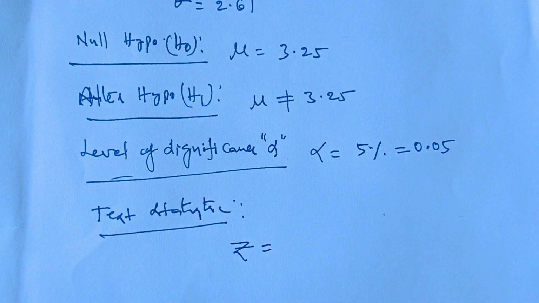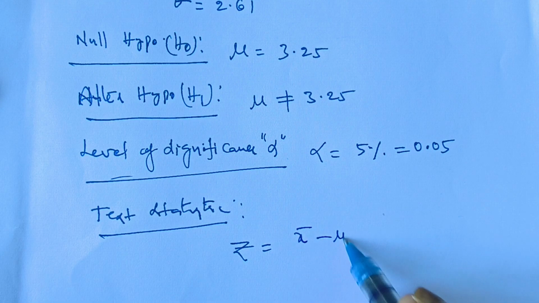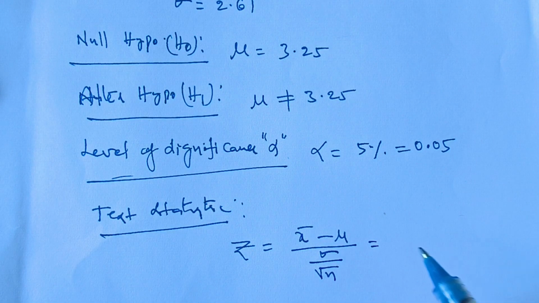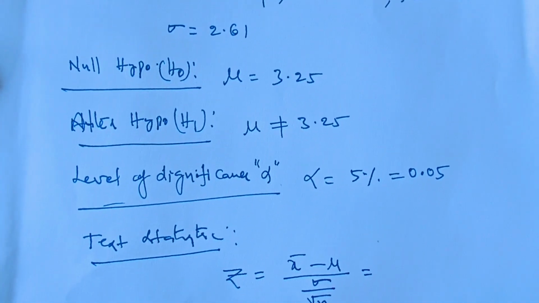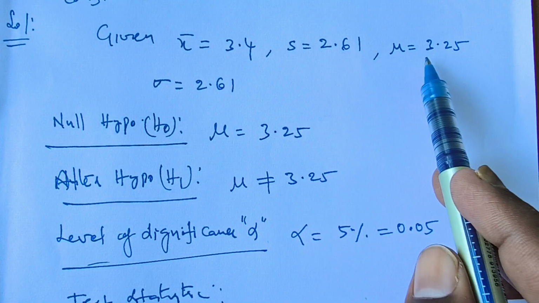Here test statistic is given by the formula z is equal to x bar minus mu by sigma by root n. Here x bar is sample mean, what is the value? 3.4. s is 2.61.